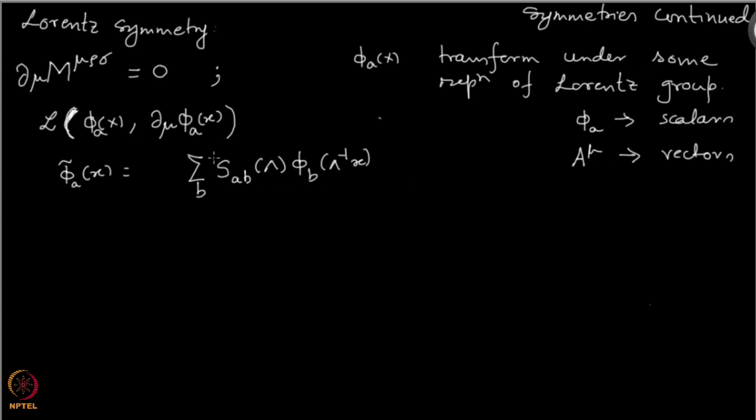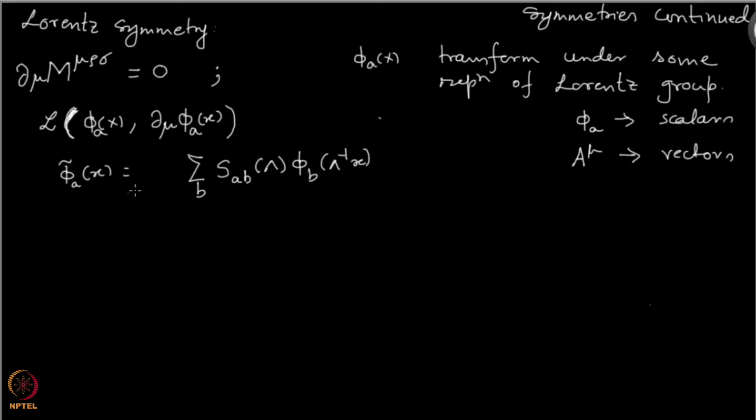That piece of information is encoded in S, the matrix S whose elements are S_AB. If you were to have this differently, like φ̃(x) is S times φ_B(Λx), then your S would be related to my S by a simple transformation which you can figure out easily. But beyond that, there is no mystery about this.